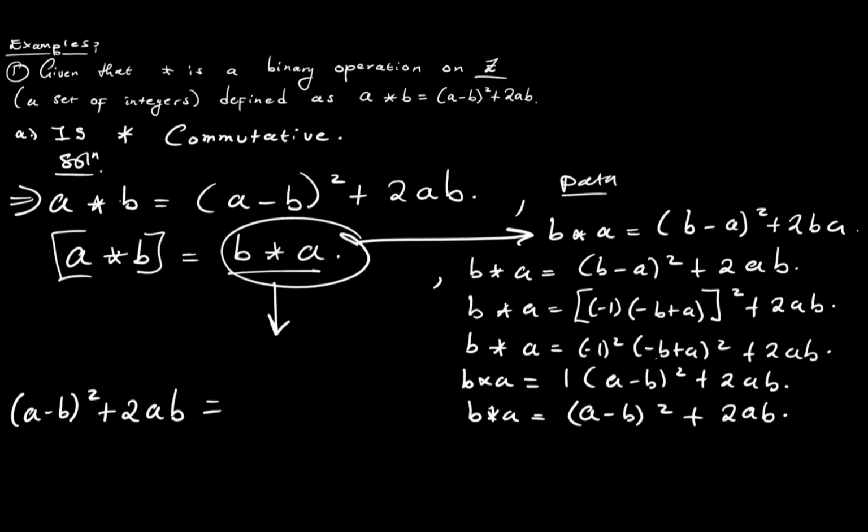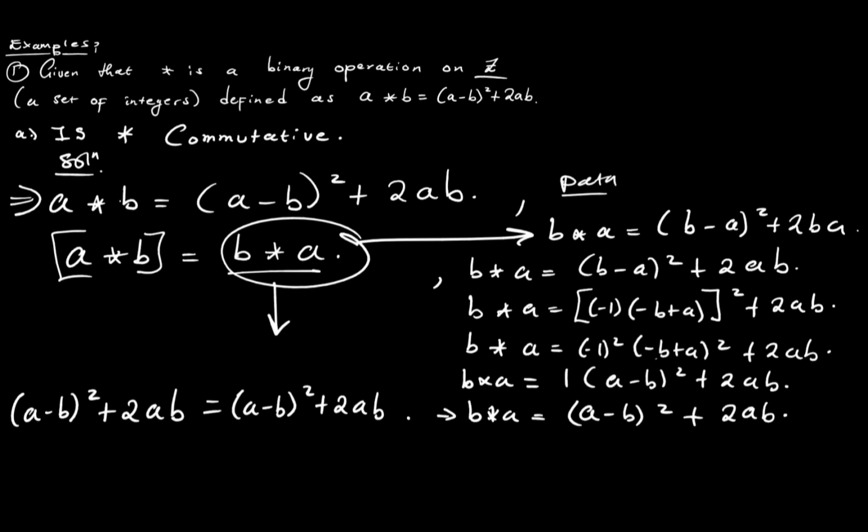Now, going back to our basic operation, trying to say if star is commutative. We know that A star B is this. B star A has now been found to be this value here. So we'll say it is equal to (A minus B) squared plus 2AB.